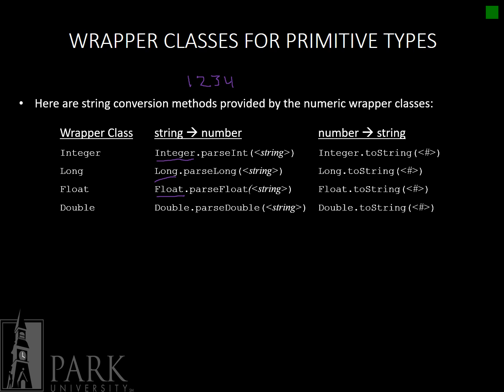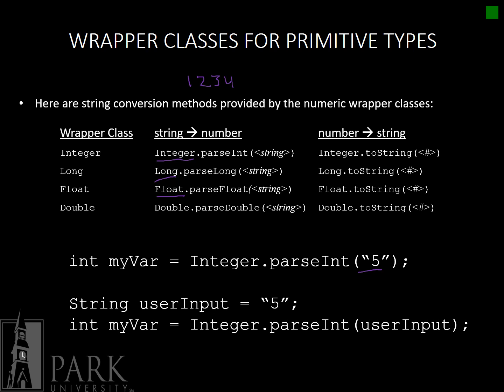So for example, to parse the string 5 to an integer, you'll need to call Integer.parseInt and pass the string 5 as a parameter, either as a string literal, like shown here, or a variable. So in this case, userInput is equal to 5, and we're calling parseInt on userInput. All of the other primitive types work in the same fashion.